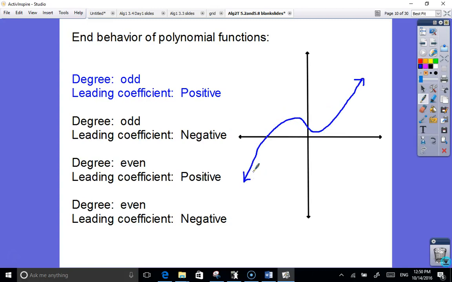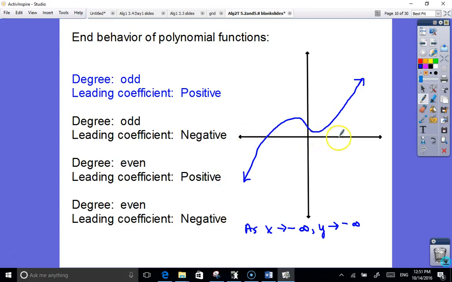And how do we say that? The end behavior, we would say I'll write it down here, as x approaches negative infinity, y approaches negative infinity. Right? You can see the left side of it there. I'm just kind of circling it. So as we're going to the left on the x-axis, the graph is going down.